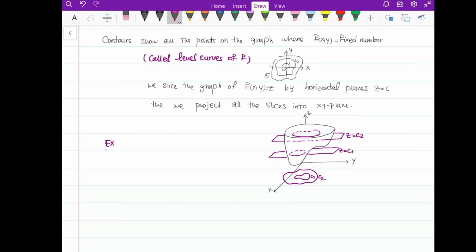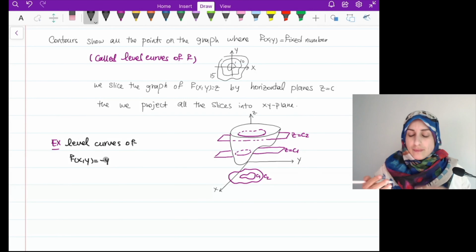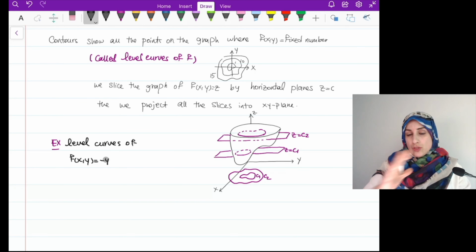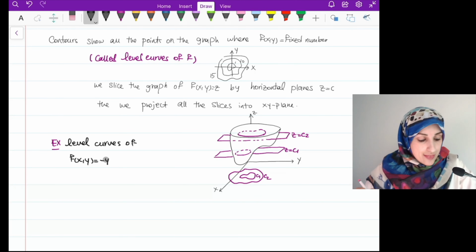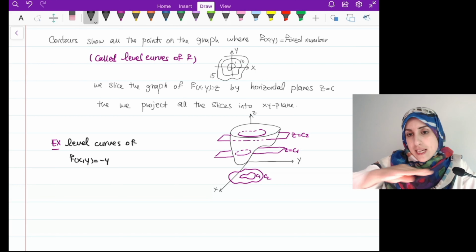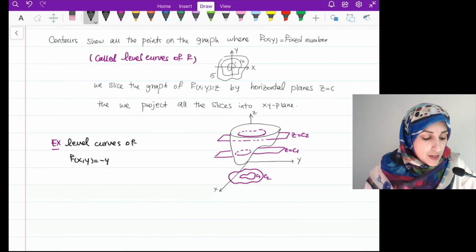Okay, let's look at one example and see how to find the level curves of that. As an example, the level curves of f of x y equals negative y. We saw that z equals negative y is a plane that runs through the x-axis, and then I'm just going to slice it with z equals some numbers.